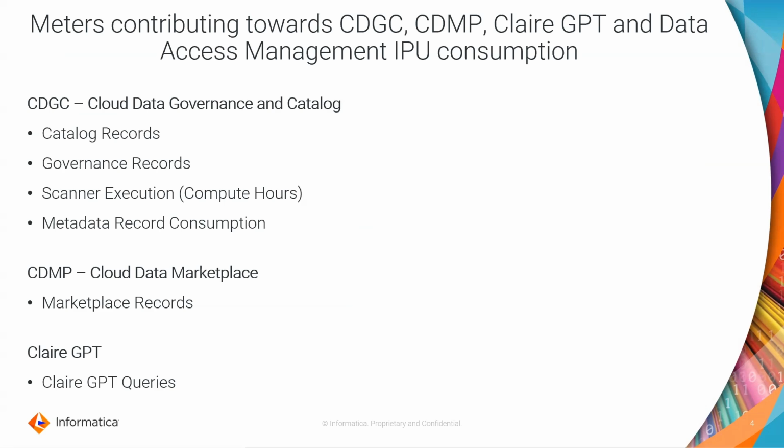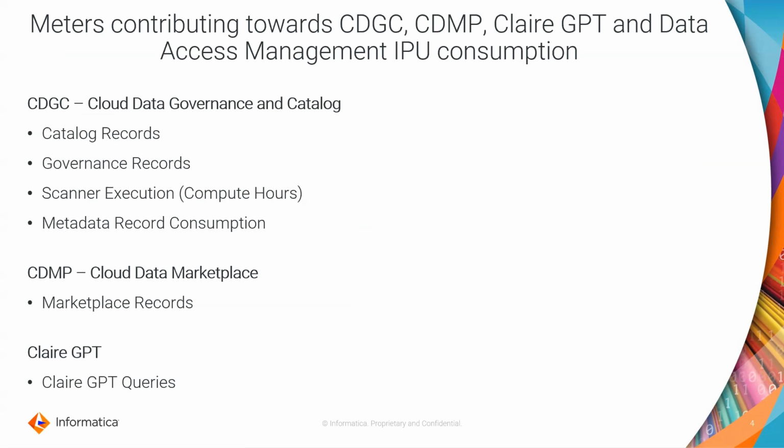Now, let's talk about the meters contributing towards CDGC, CDMP, Clear GPT, and data access management IPU consumption. Here you might be using either or all of the below services like the CDGC, CDMP, Clear GPT, and the data access management, and below meters would apply accordingly.